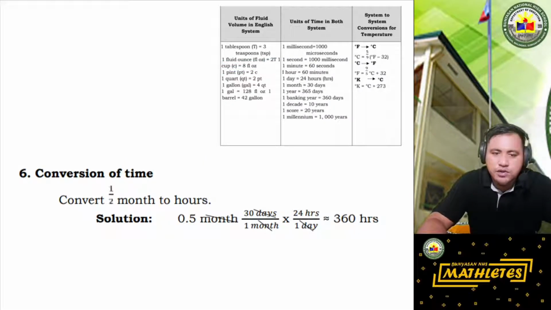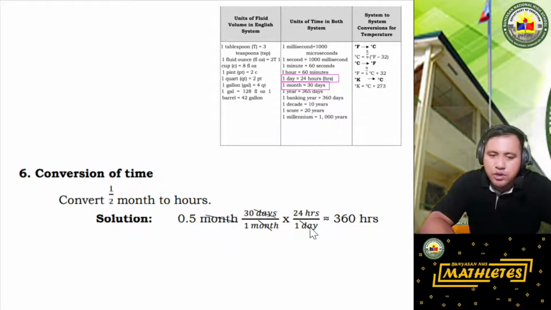Next is the conversion of time. So, convert 1/2 month to hours. So, 0.5 month. We know that in 1 month, there are 30 days. Then, in 1 day, there are 24 hours. Okay? Month is the unit used, so the conversion factor must have month in the denominator. So, you have to cancel month. So, days remain, but we still need to find the hour. We still need to convert that into hour.